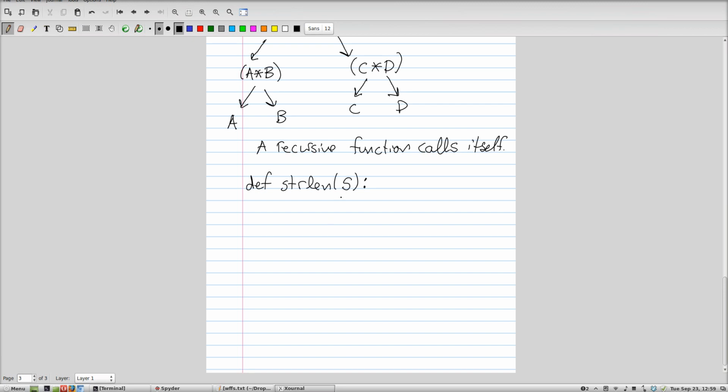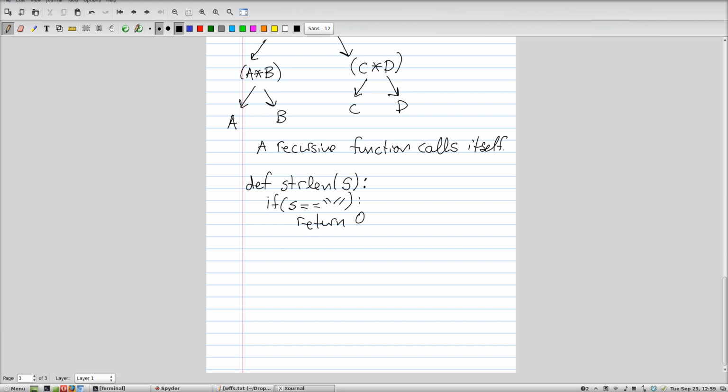So one thing I might do is say, if, I'm going to assume it's a string. You know, you could put in a type check or something, but I'll just assume it's a string. If s equals the empty string, then return 0.